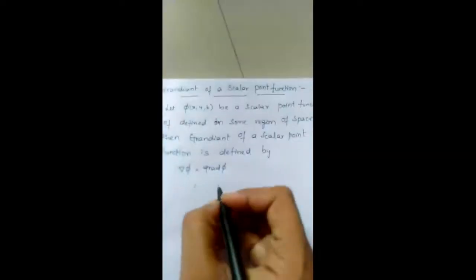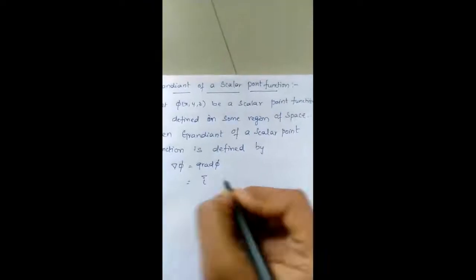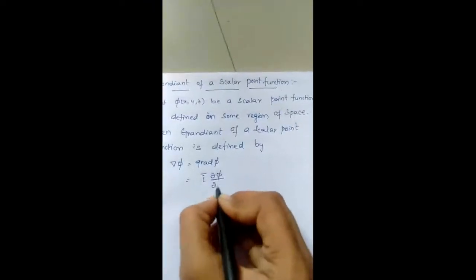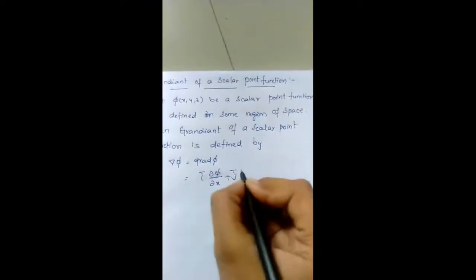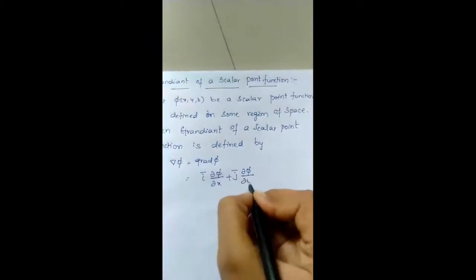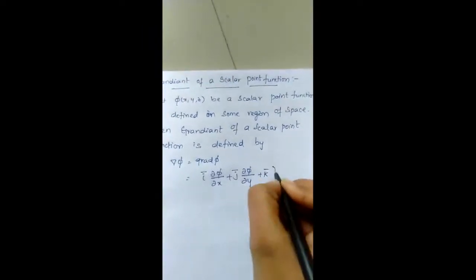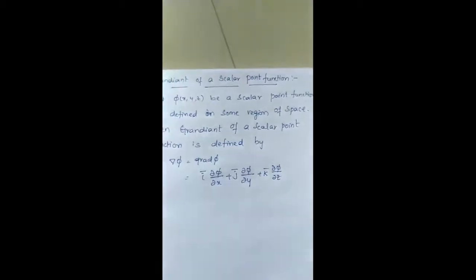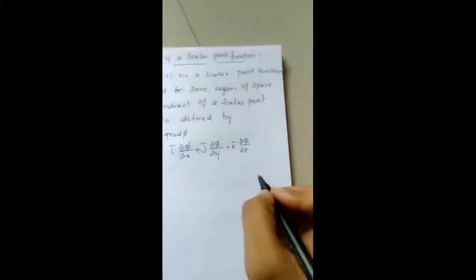That is, i bar dou phi by dou x plus j bar dou phi by dou y plus k bar dou phi by dou z.